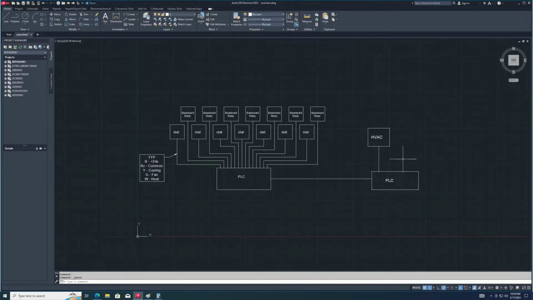So we'll have all our stats and baseboards in this one PLC because all this will be located in the attic. So I'll have a PLC up there with all the wiring hooked up to that. And then I'll have the other PLC connected up to the HVAC. Have you something to monitor the temperature up in the attic too? Okay, yeah.